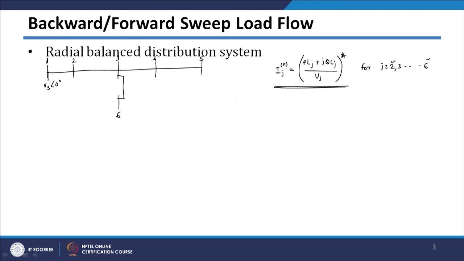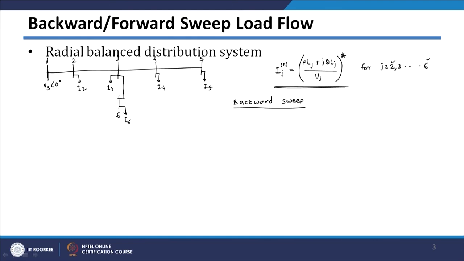Then we saw that in the backward sweep we calculate the branch currents. You have already calculated the load currents, which are I5, I4, I6, here I3, and here I2.